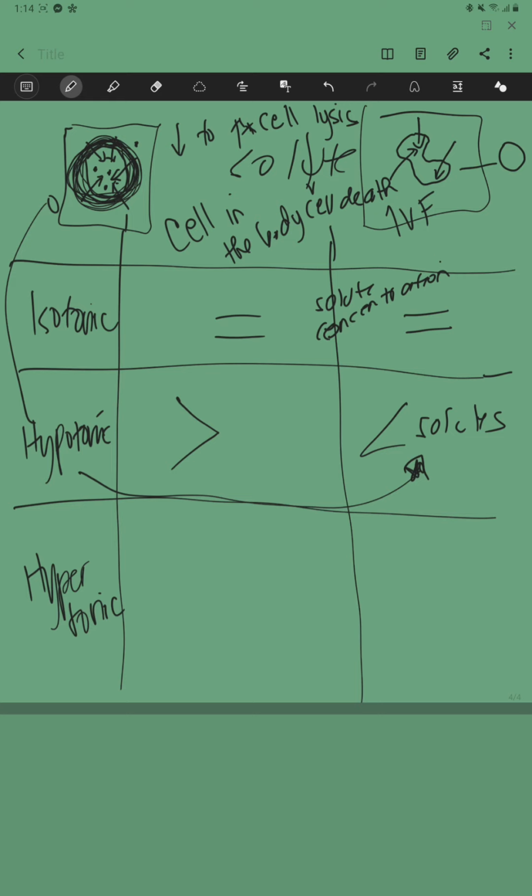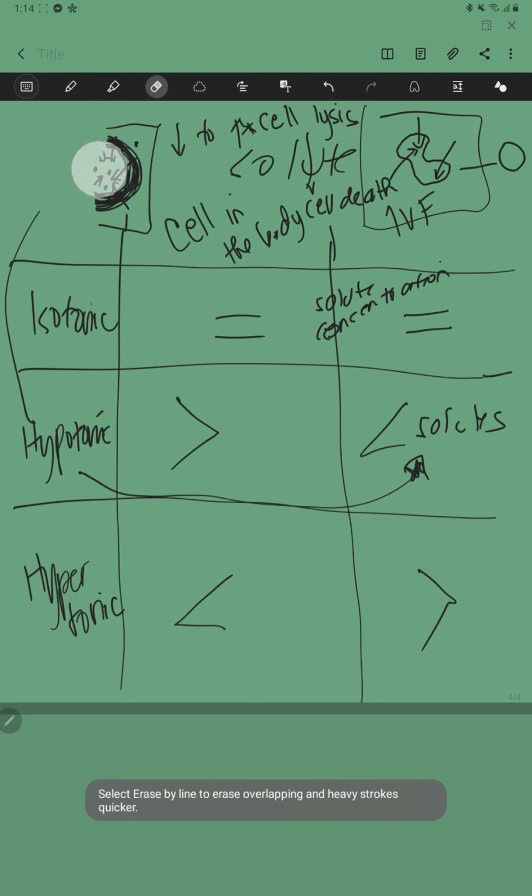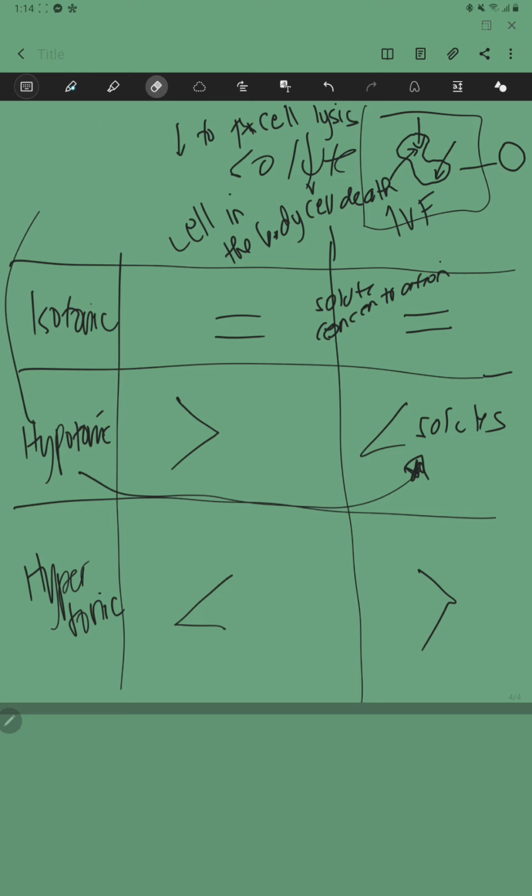Hypertonic solutions naman, solute concentration is greater in the IVF as compared to the cell in the body. So what happens naman in the case of your hypertonic solution?